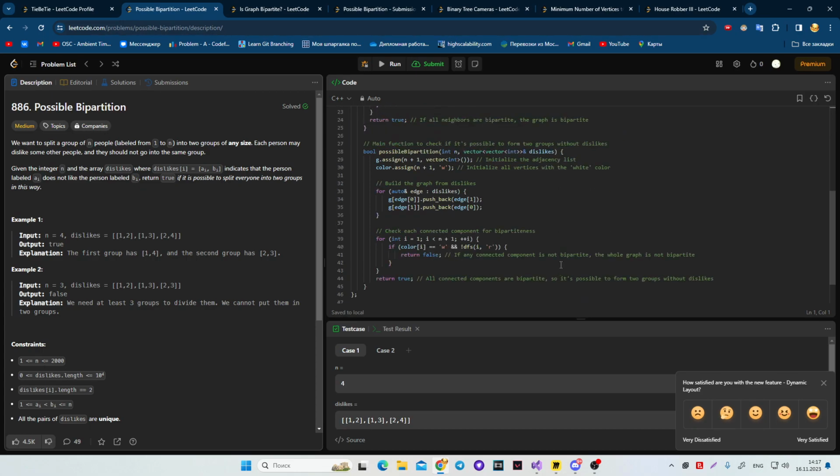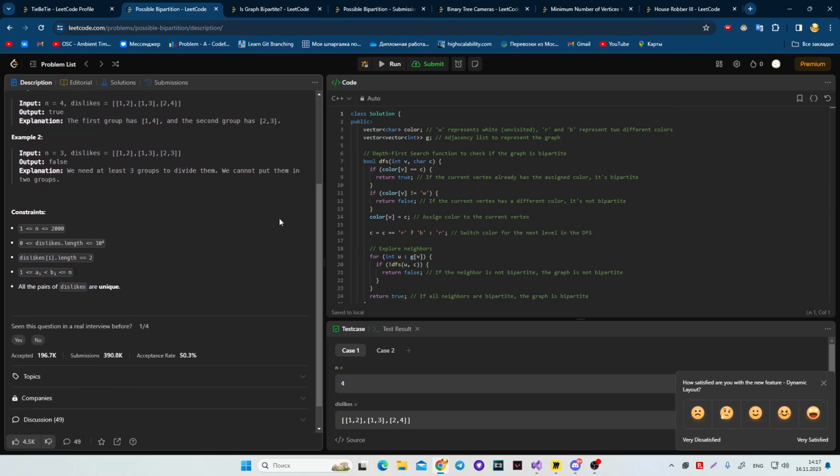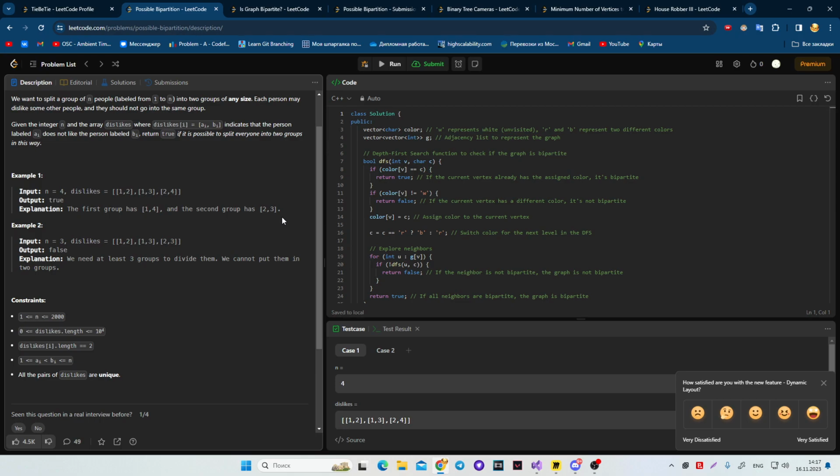We just paint our graph with red and blue and check whether we can do it or not. We just divide our people into an L group and an R group.